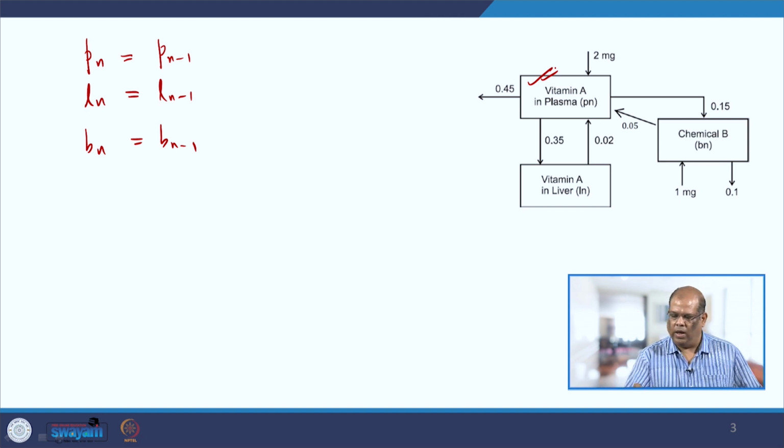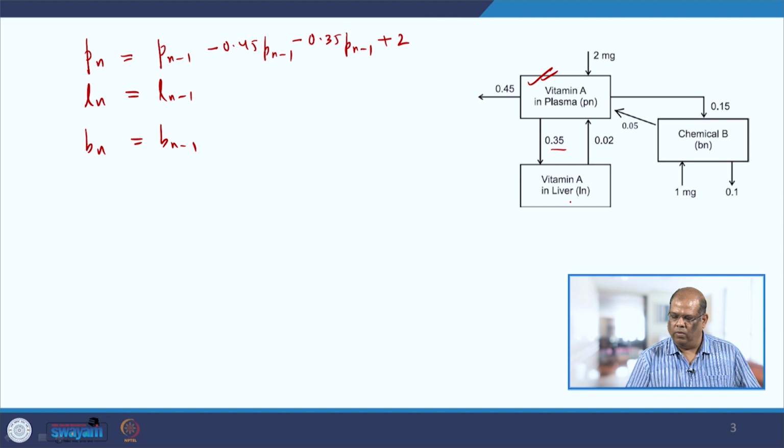Going out is 0.45, so minus 0.45 Pn minus 1. Then 0.35, so minus 0.35 Pn minus 1. And then plus 2 mg, which is a direct input. I'm coming to the other terms later.